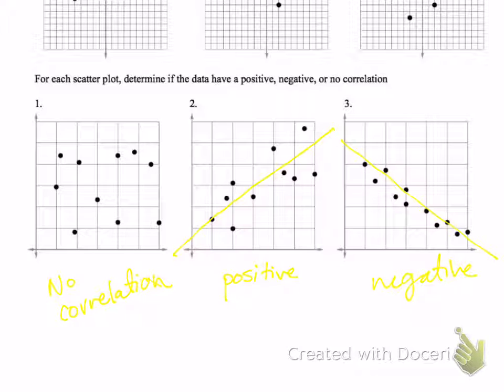What I'm about to show you on the calculator is how to input data into a list, and then from there you're going to be able to find a line of best fit that's going to help you predict. Let's say, like number 3, that was the number of hours on your phone, and this was your grade on the test. So I think that has a negative correlation.